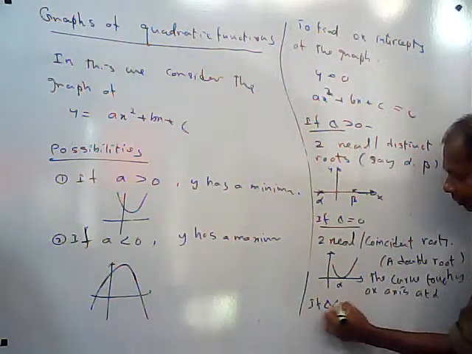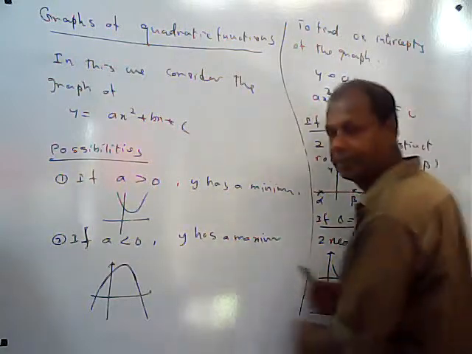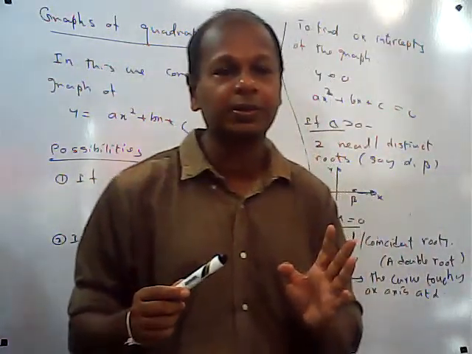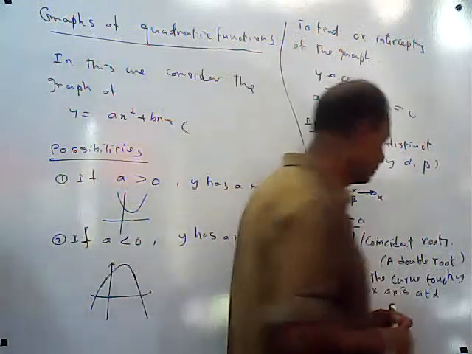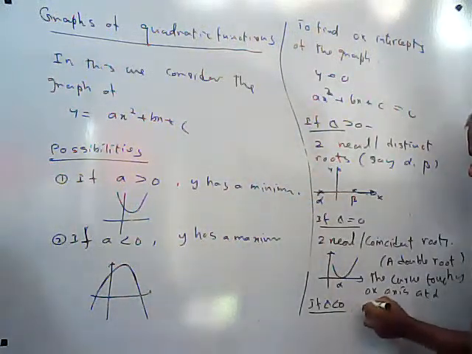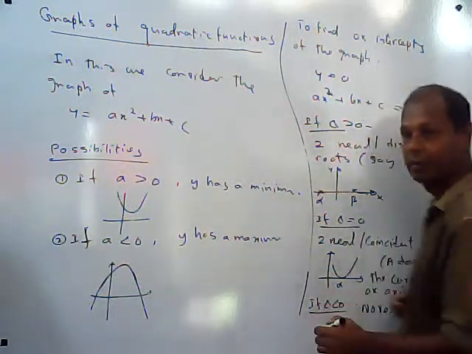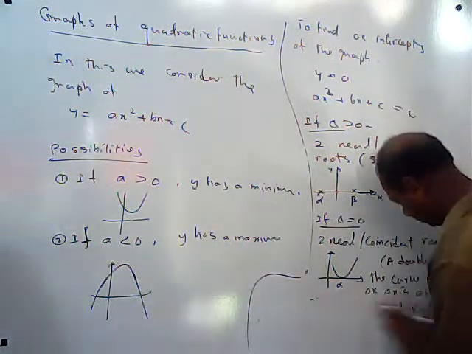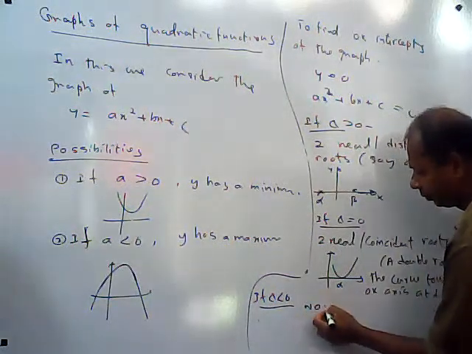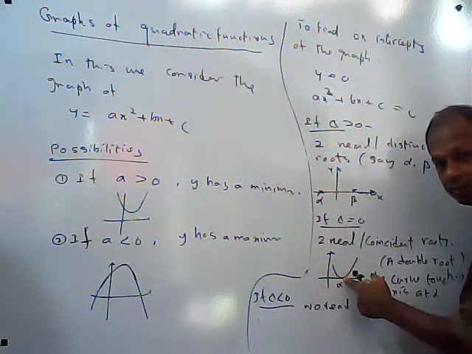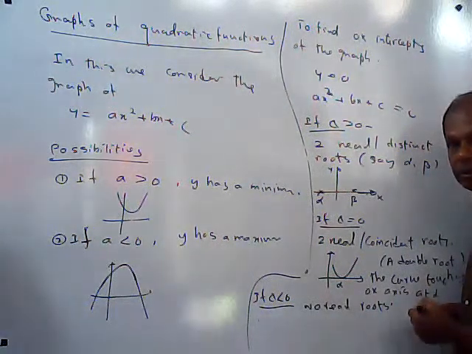If delta is less than 0, what happens? No real roots. If delta is less than 0, no real roots for the quadratic equation. Then what about the x-intercepts? No real root. You are trying to find the points at which the curve meets x-axis.